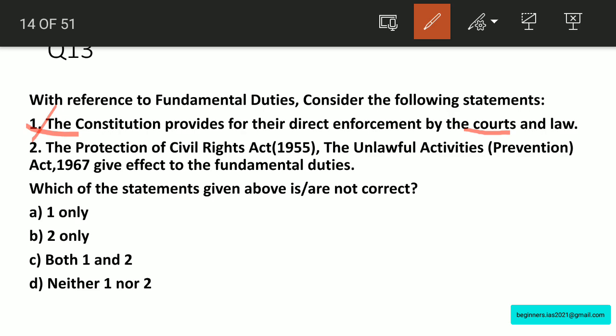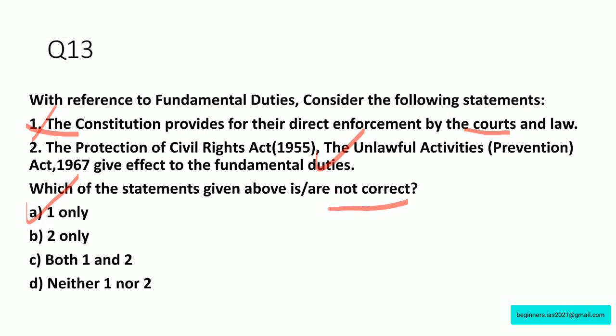Therefore, this statement is correct. Why? The Protection of Civil Rights Act 1955 and the Unlawful Activities Prevention Act 1967, UAPA in short, give effect to the fundamental rights. So here we have to identify the not correct statement. One is not correct. Therefore, option A, one only, is the not correct statement.